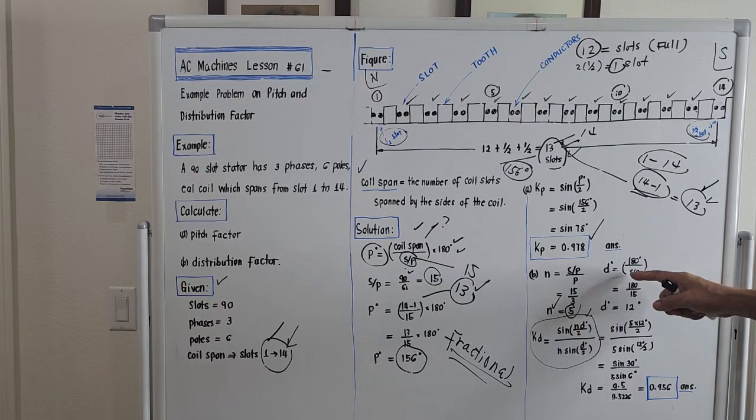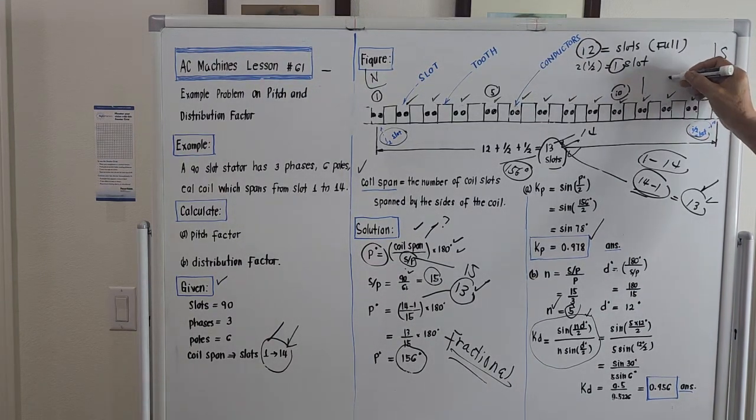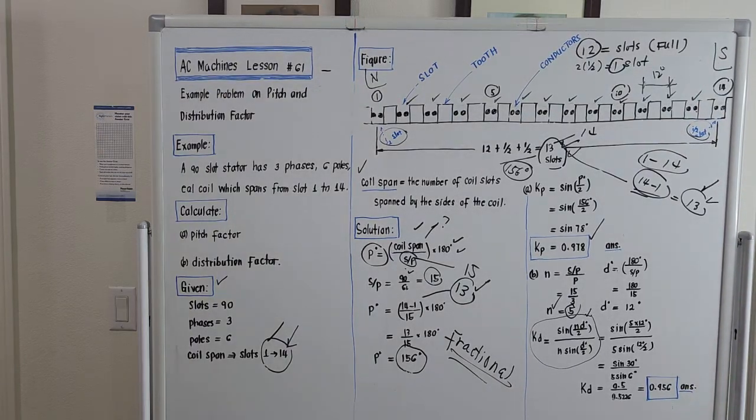And we know the total number of slots per pole to be 15. So d degree will be 12 degrees. So meaning to say, in between slots, this is 12 degrees. We can't make a mistake on that one. It's just a simple computation, right?